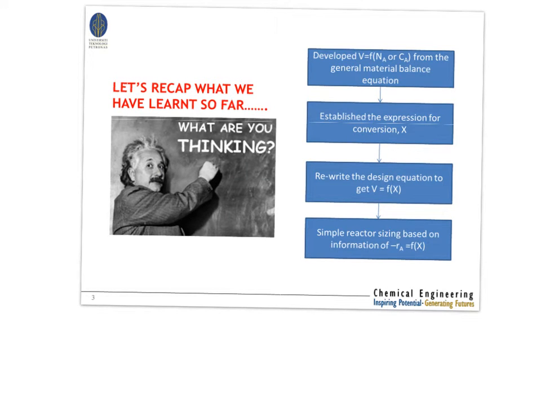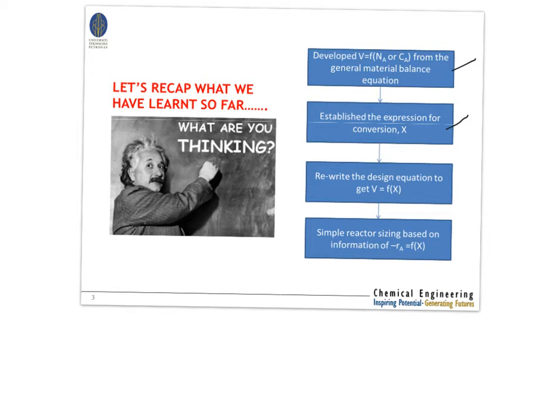Let's first recap what we have learned so far. So in chapter 1, we learned how to develop the mole balance design equation from the general material balance equation, and we looked into different types of reactors. And then in chapter 2, we established the equation for conversion for both batch and flow reactors.